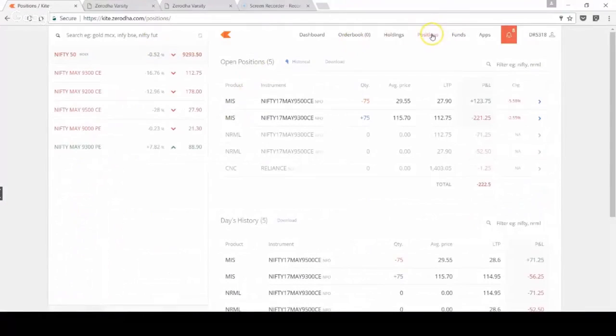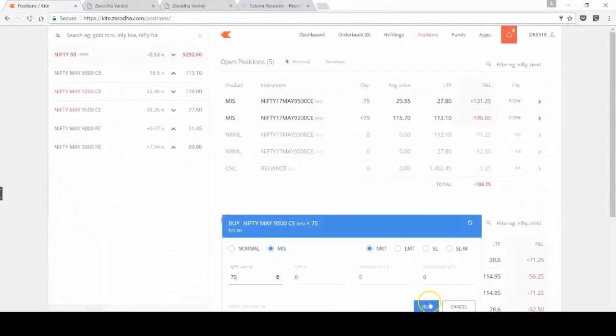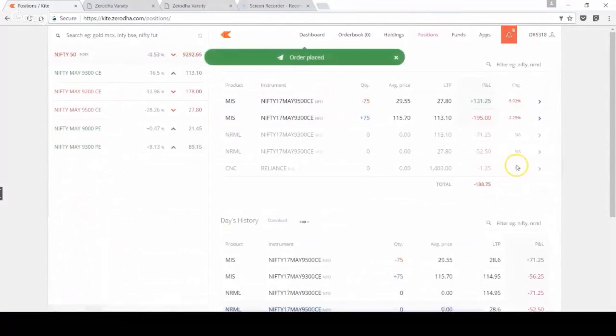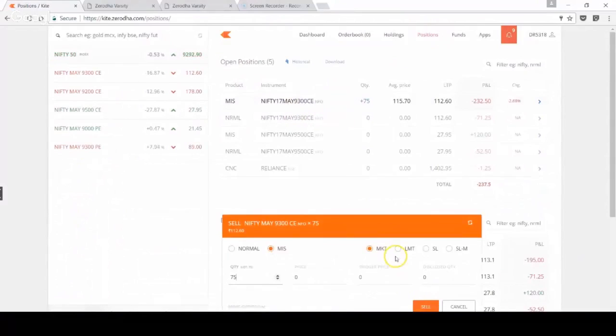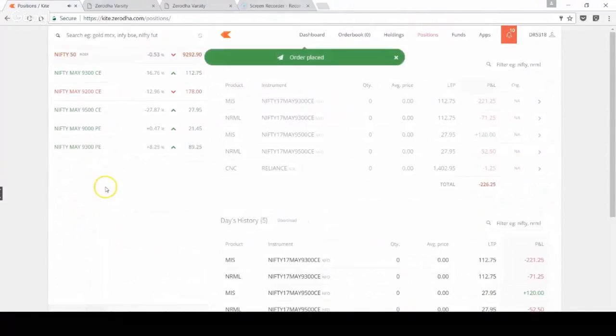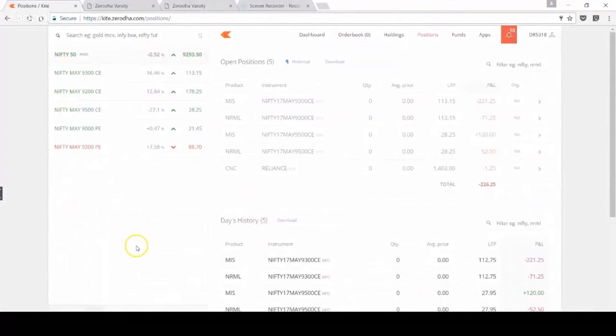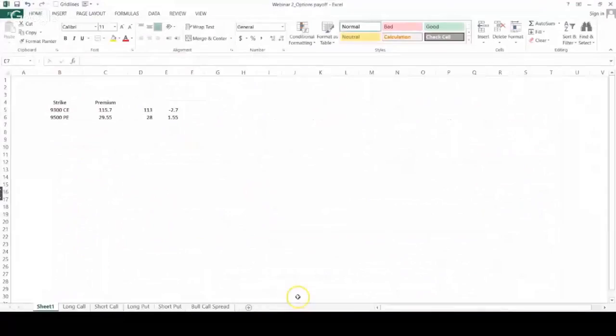I can square off these positions right now, so I can exit these positions. This is the short position which I'm exiting, and this is the long position that I had entered, and I'm exiting this. And I've made this kind of loss or profit.